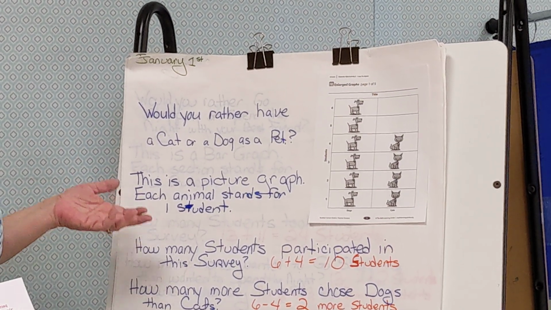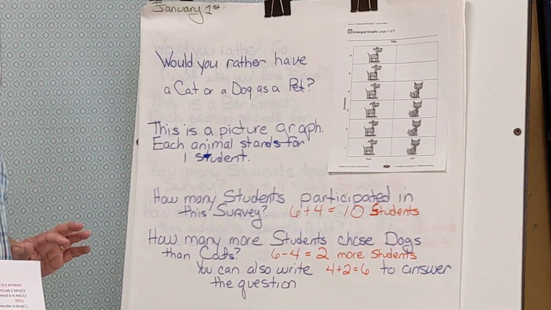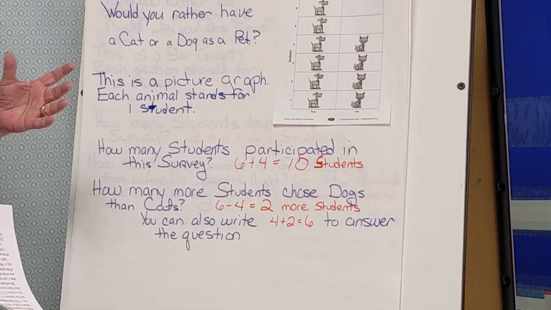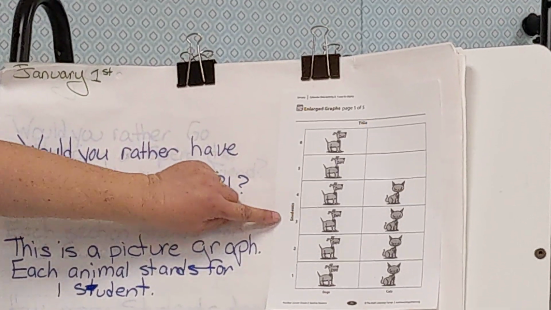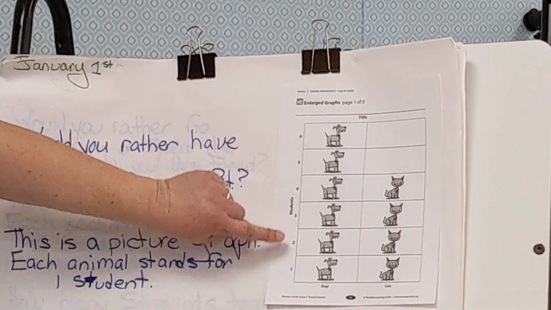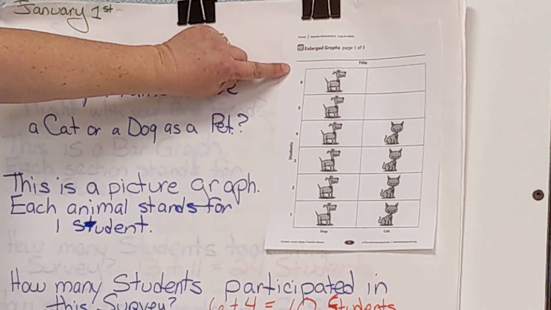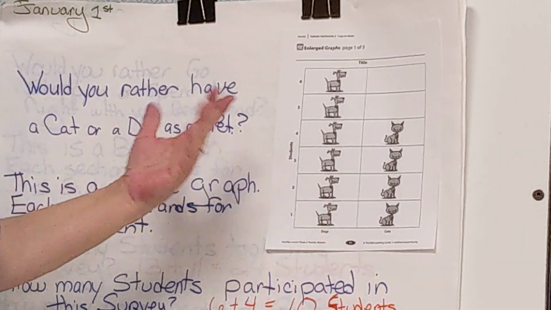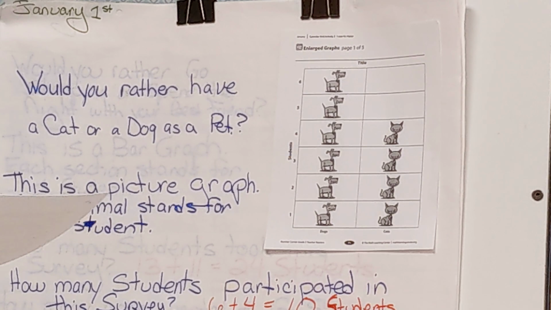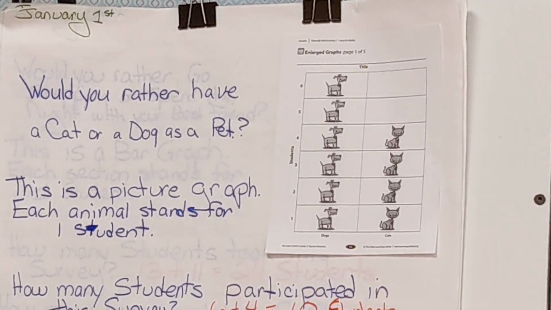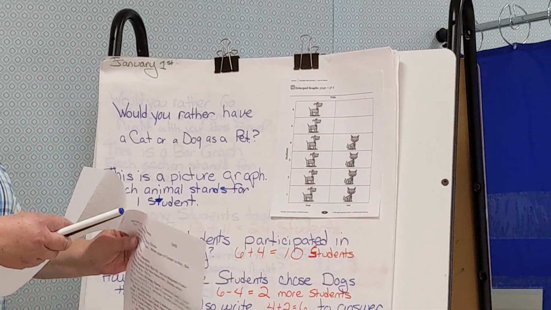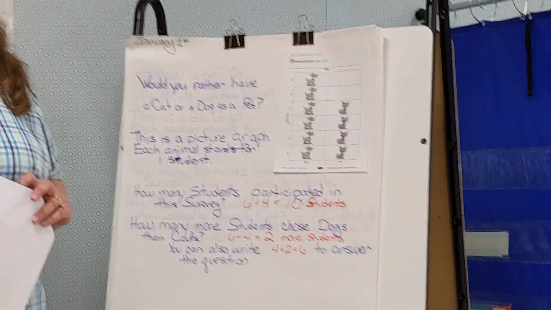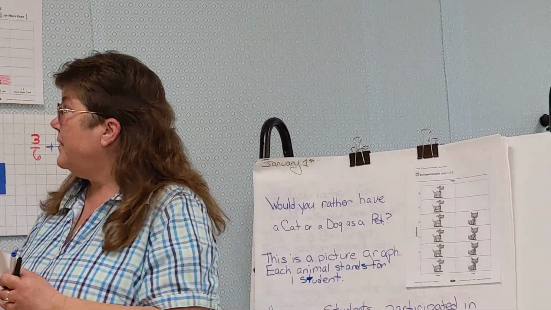Does it tell how many students took the survey? It kind of tells us how many students took the survey because the word students is here and we have numbers here and there was only 2 choices. So it does tell us how many students took the survey. Does it tell us what the question was that was asked?